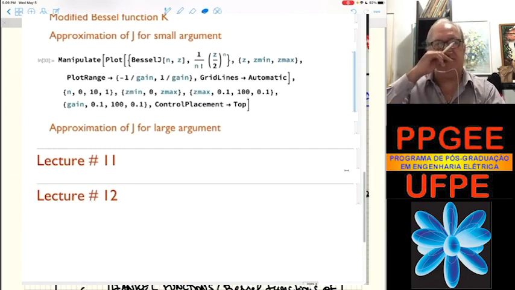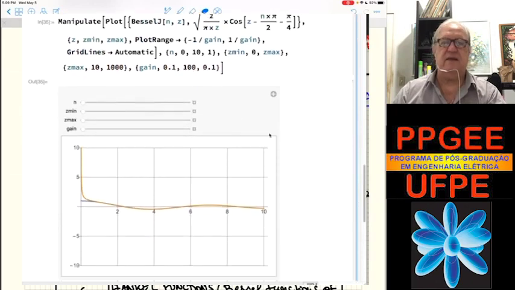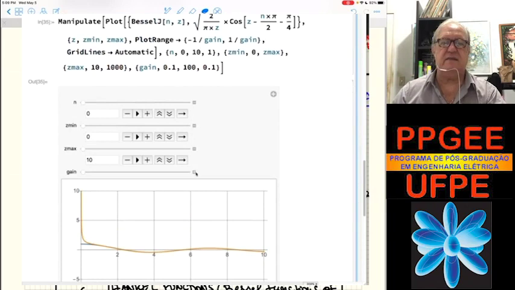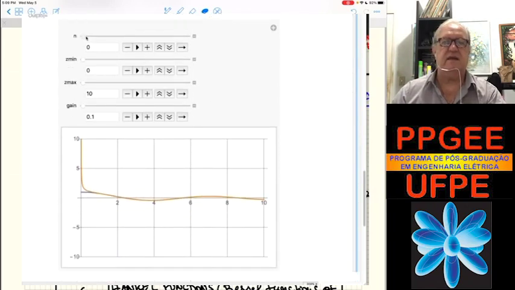I'm just giving you an example for the J function, right? The J function is nice. When you increase the arguments, let's play those buttons here. Then let's put some high order, n equals 4.